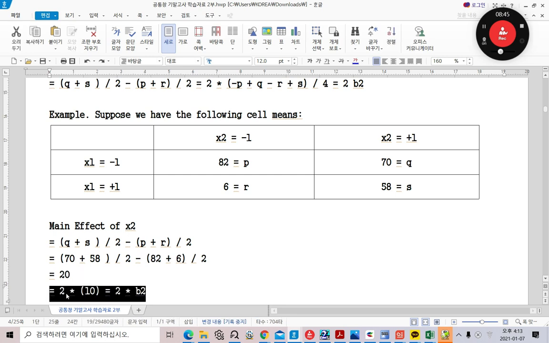And 20 is 2 times 10, and 10 is B2, so it is 2 times B2.